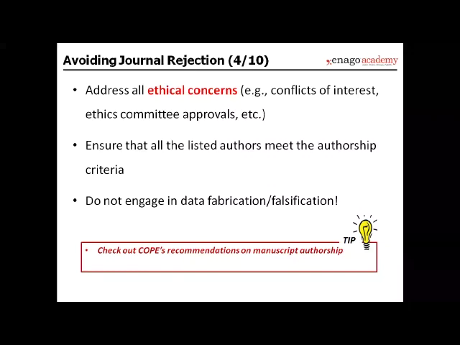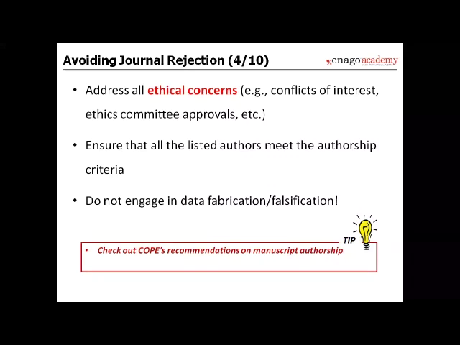And that's something that you should avoid at all costs. You need to ensure that you get all the approvals ahead of time. You should ensure that you are in compliance with all the ethics committee requirements, because most of the journals will ask for proof, and if you're not able to furnish the proof, again your manuscript is likely to get rejected.